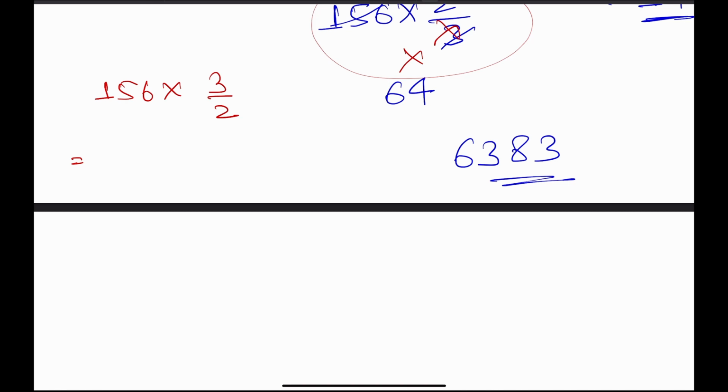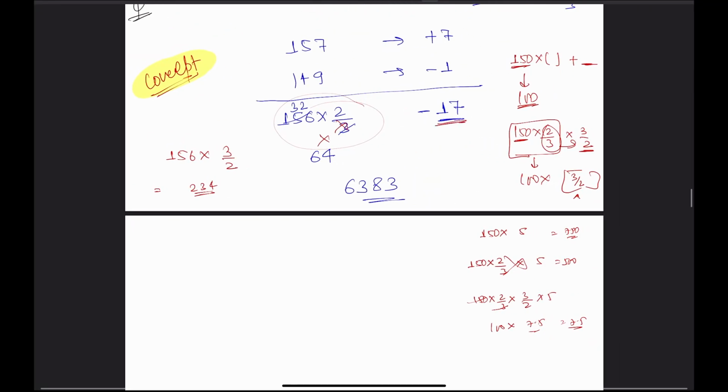So 78, right? 156 plus 8 is 164. 164 plus 70 is 234, right? 234, now I'm getting it correct. So 234 and then again minus 17, so it will become 233.83.